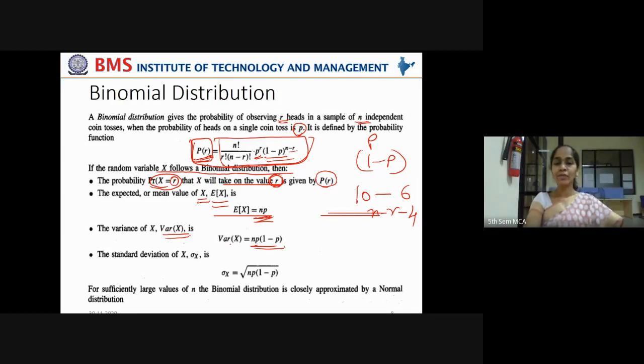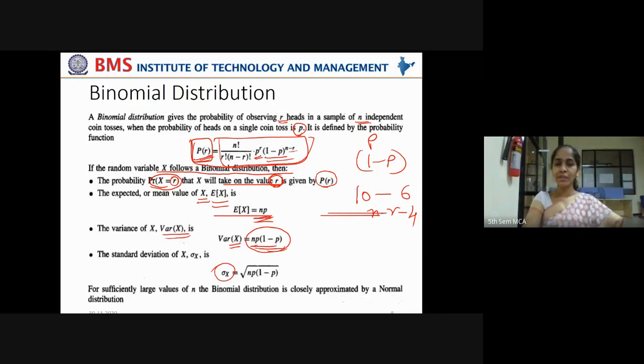Okay, so the variance you can notice in the 10 coin tosses can be explained by n, the number of coin tosses, into the probability of observing heads multiplied by the probability of not observing heads. That is nothing but the probability of observing tails. Okay, that will give you the variance of x. Now the standard deviation of x can be given as the square root of this variance. You already calculated the variance, right? Now the square root of this variance will simply give you the standard deviation.